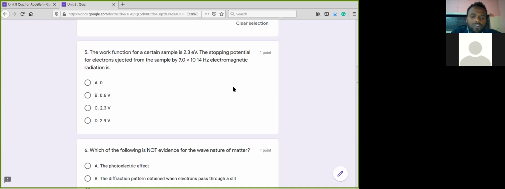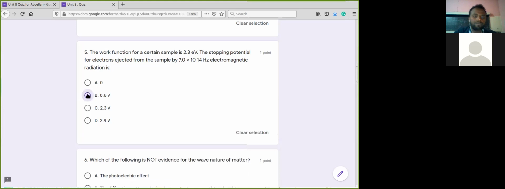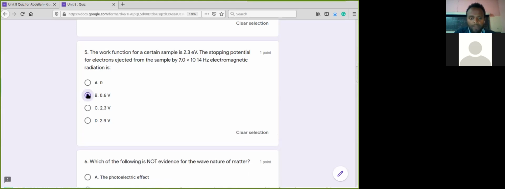Then divide both sides by the charge on the electron, and you will get the stopping potential. Finally, the stopping potential is 0.6 volt. So option B is the correct answer. Did you get it? Yes. Very good.